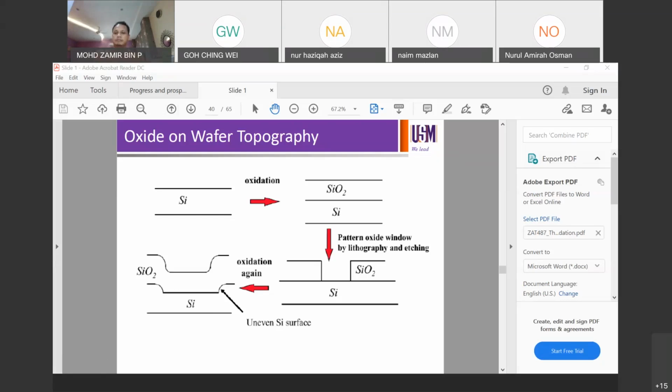Any other opinion? Fazira, what do you think? Are you of the same opinion or different opinion? Same opinion with Hazika. Same opinion, okay.